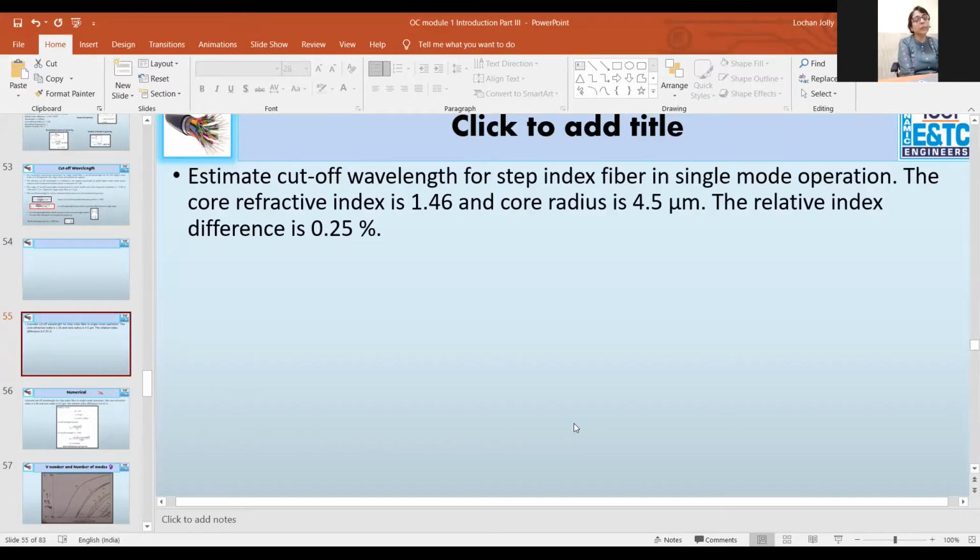Single mode operation directly tells you cutoff has also been mentioned, so that itself means it corresponds to a condition where your V number is equal to 2.405, although it may not be given in the problem. Corresponding to this value, get the value of lambda c.